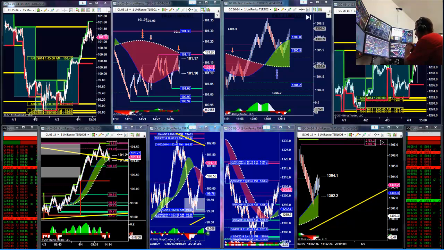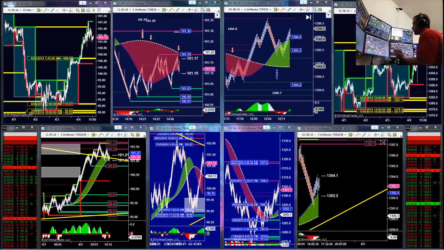You can use a range chart, which is similar, but every bar is the same range, so you can't tell the bar type how far you want it to come back to be a reversal bar. You can use Renkos, which tell you nothing about what happens between the new bar or the old bar or the one that's coming up. You don't see anything, so there's no wicks, there's no nothing. So this is really, in my opinion, the ultimate bar type for complete customization.